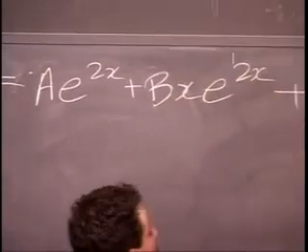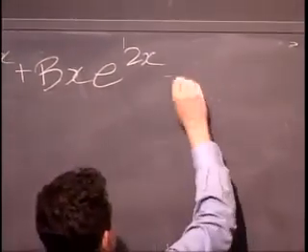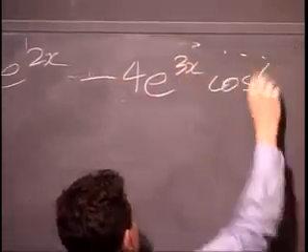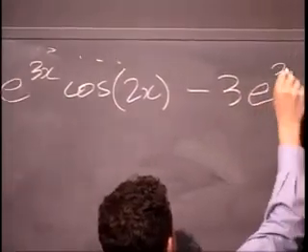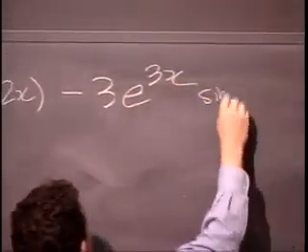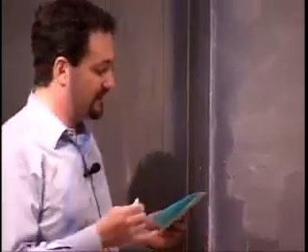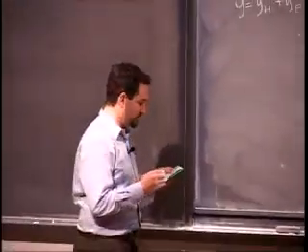And finally, I am going to put in the particular solution, which is actually minus 4 e to the 3x cosine 2x minus 3 e to the 3x sine 2x. And there it is. That's the answer. Woo! All right. Yeah, not so easy, huh? But practice makes perfect.